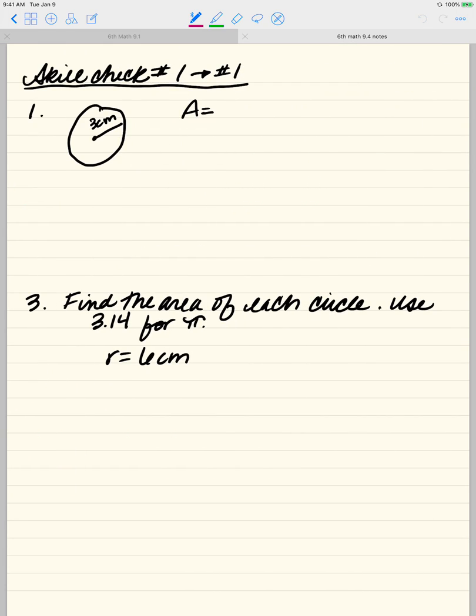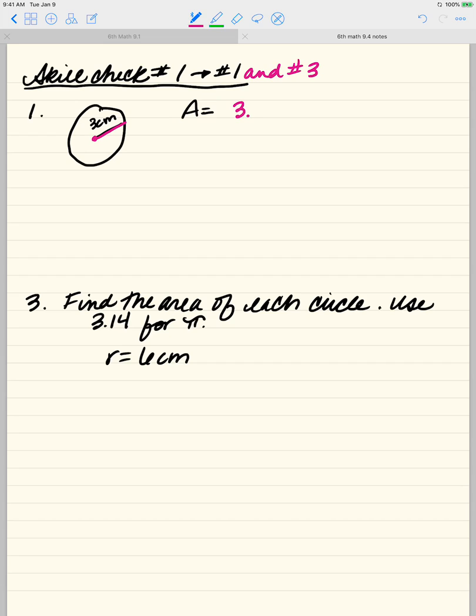Okay, skill check number 1. In box skill check number 1, I'm going to tackle number 1 and number 3. Number 1 just says, what's the area here? We have a circle that has a radius of 3 centimeters. So area is equal to pi times radius squared.